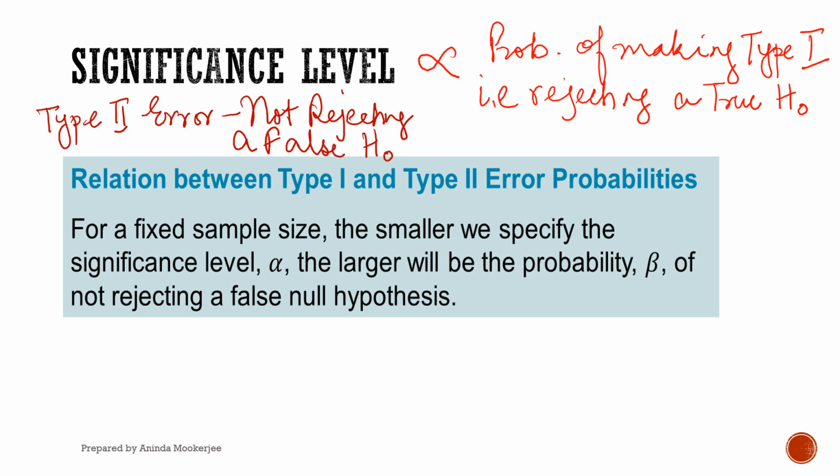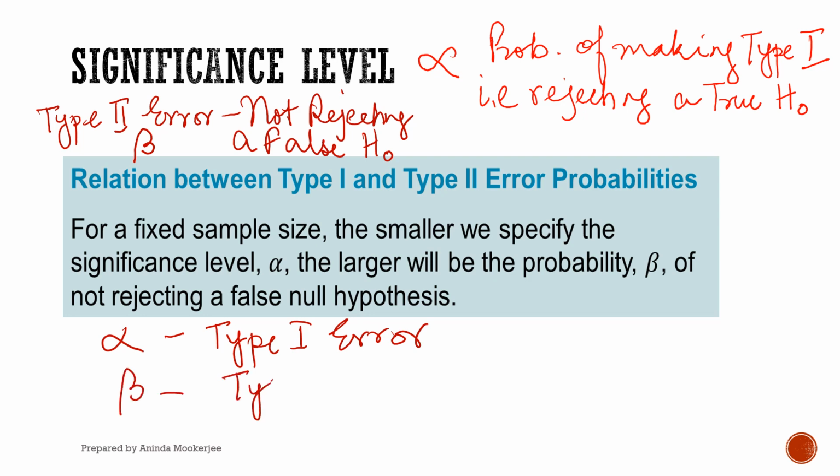And the probability of making a type 2 error is denoted by the symbol beta. All right, so let me write that down a little more clearly. Alpha has to do with type 1 error, and beta has to do with type 2 error.